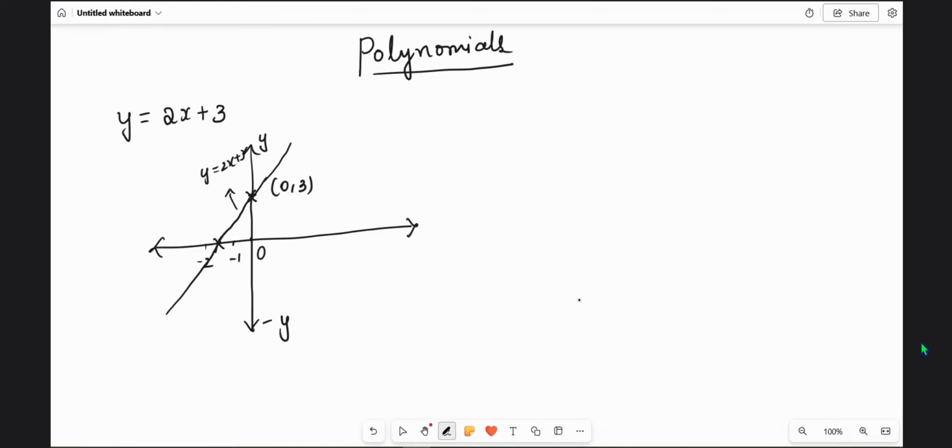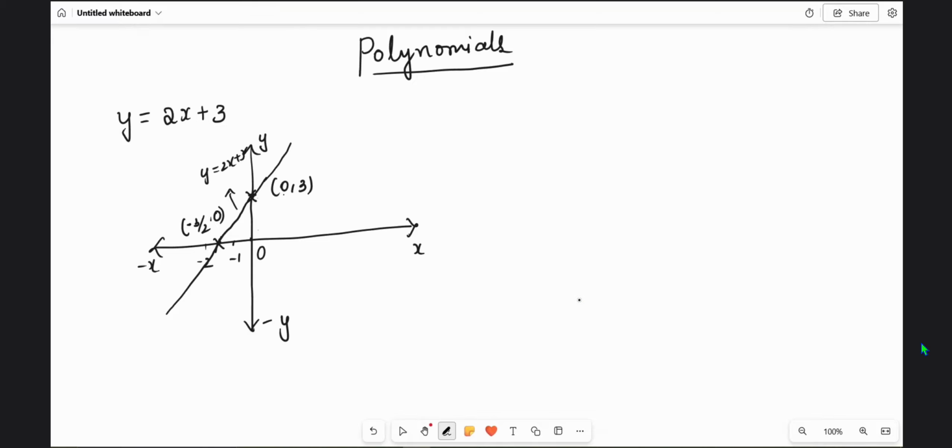This is the y and minus y, x and minus x axis. Here we can see this point is when x is equal to 0 and y is equal to 3. And this point here is minus 3 by 2 comma 0.